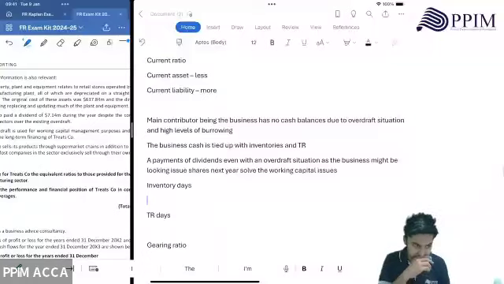Okay, so let's start writing, guys, over there. Inventory days. Retailer means we are selling it to the retailer. That's the reason.